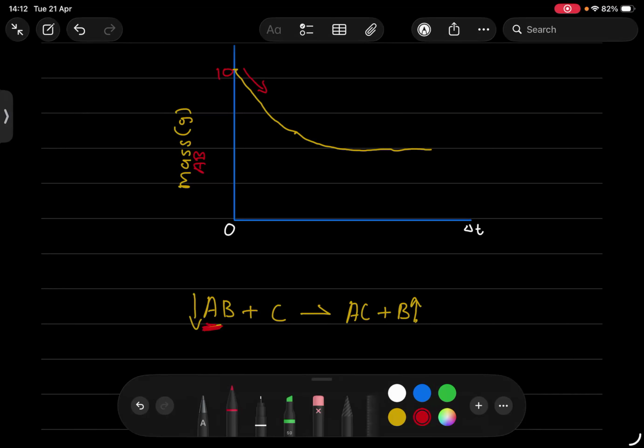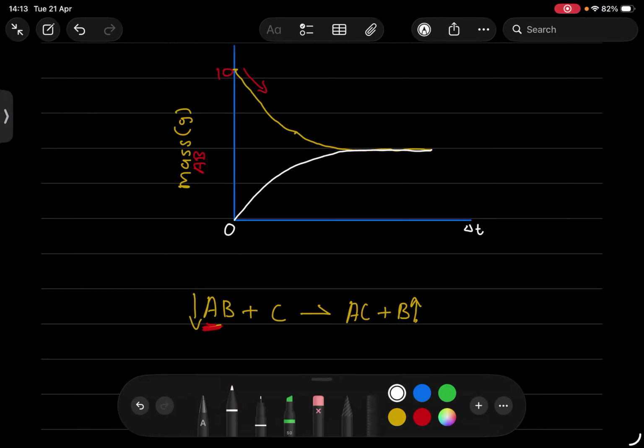And as the mass of AB goes down, obviously the graph of the products, because this graph represents the mass of the reactants going down, the mass of the products is going to increase. You can see here now, as the mass of the reactants decreases, the mass of the products increases.